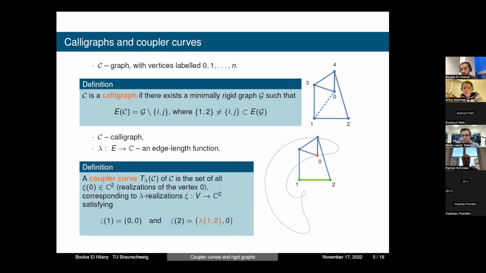Okay, this gives me a curve. For the complex case, it's an algebraic curve, because again we have a bunch of polynomial equations, and we project them to obtain a curve. We'll see a figure later. For the real case, this is not necessarily an algebraic curve. It can be semi-algebraic. But okay, these are called calligraphs.